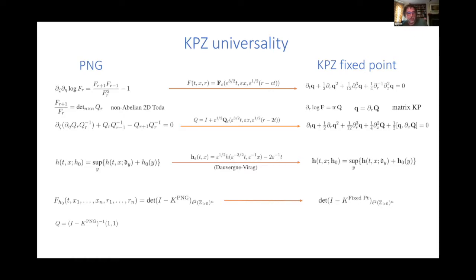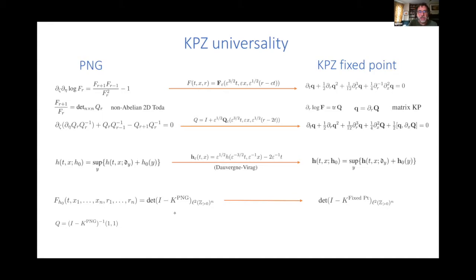So the KPZ fixed point is a scaling invariant Markov process, which is expected to be the universal limit of all models in the KPZ universality class under this 1, 2, 3 scaling of height versus space versus time. And these scalings are actually written here in the middle. And so any model in the KPZ class is supposed to converge to this KPZ fixed point under that 1, 2, 3 scaling, or if you like, that's the definition of the KPZ fixed point.